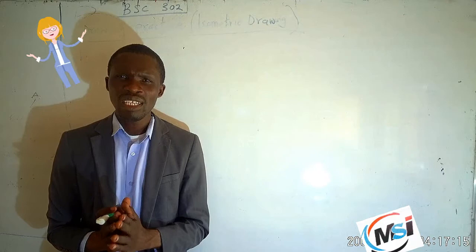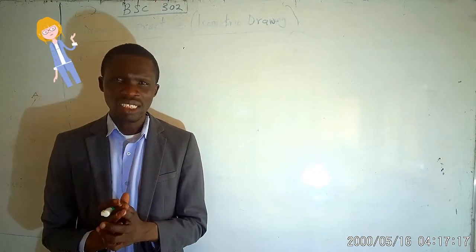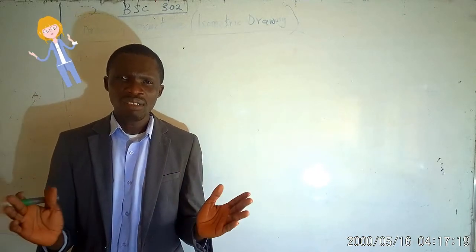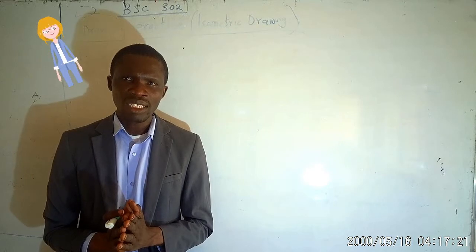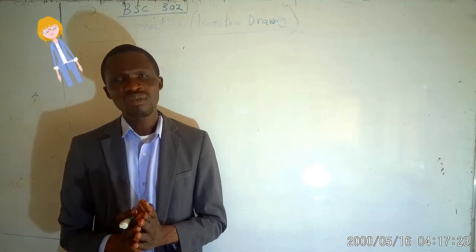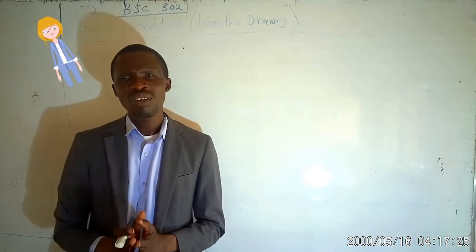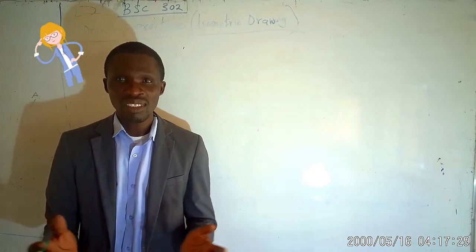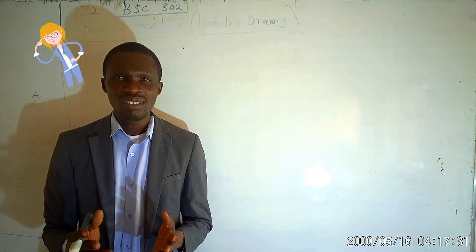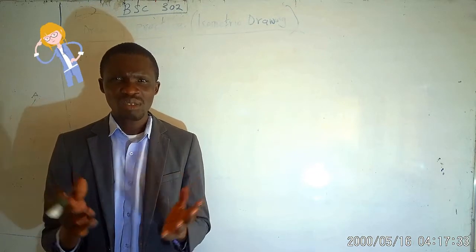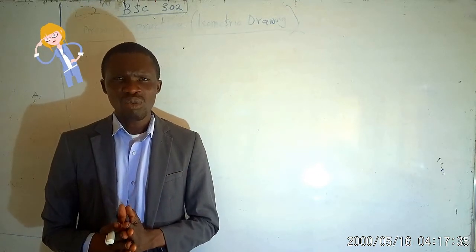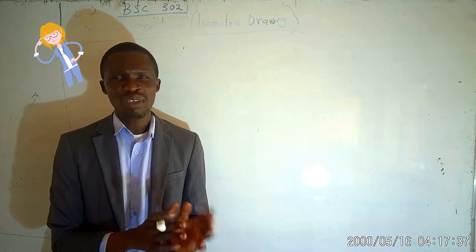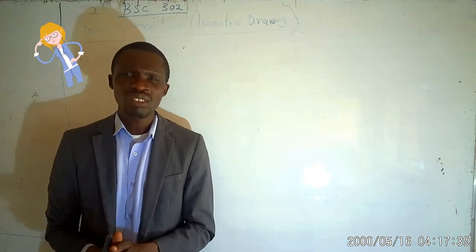You know what? I need to talk to you before we start this lecture. I always tell my students in the class that whenever you come across a very difficult question, the best way to approach it is laughing. Just laugh. You might think it sounds funny, but why do you need to laugh whenever you come across a difficult question?